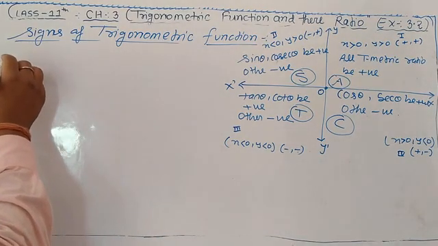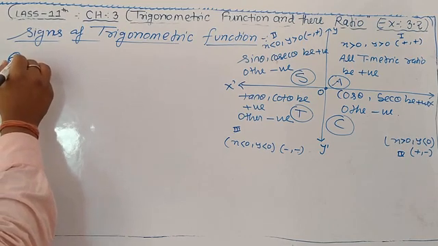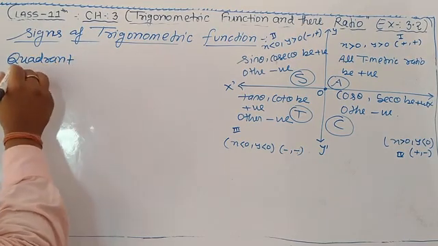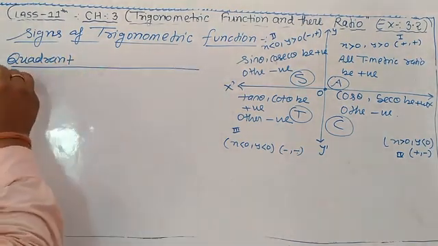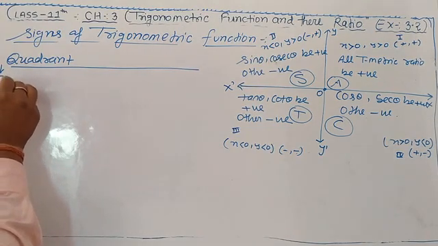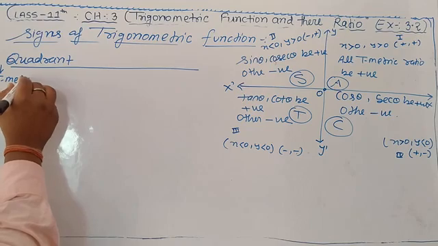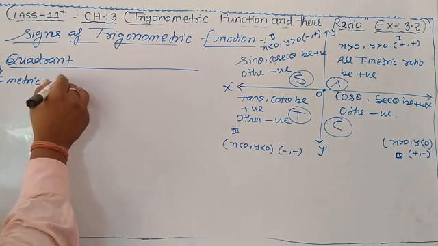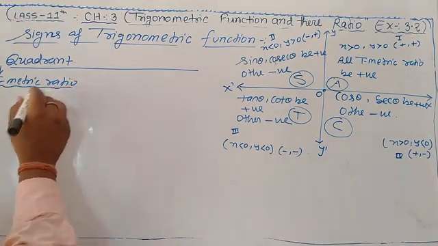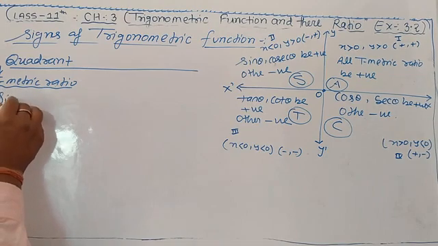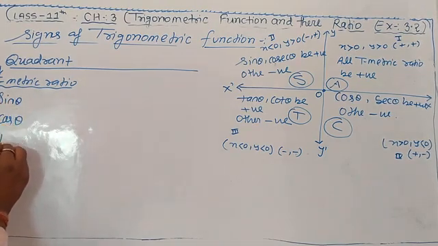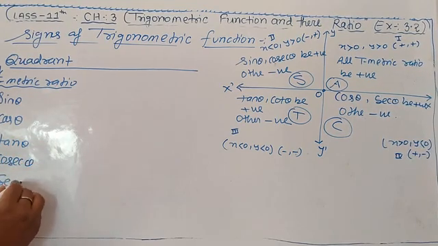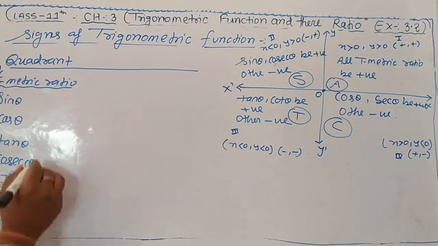These are the quadrants, and these are the trigonometric ratios: sin theta, cos theta, tan theta, cosec theta, sec theta and cot theta.